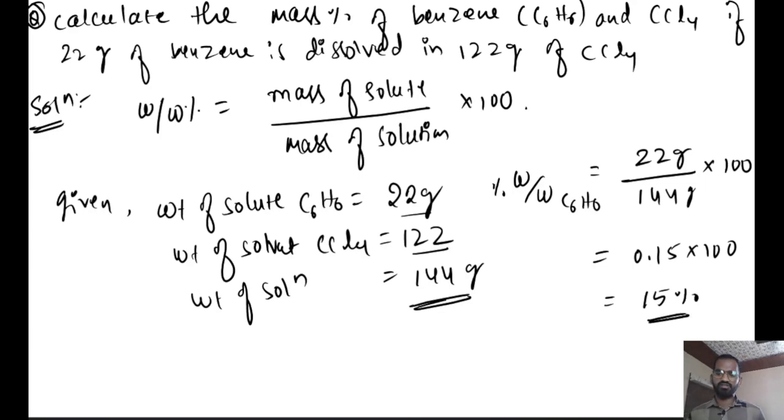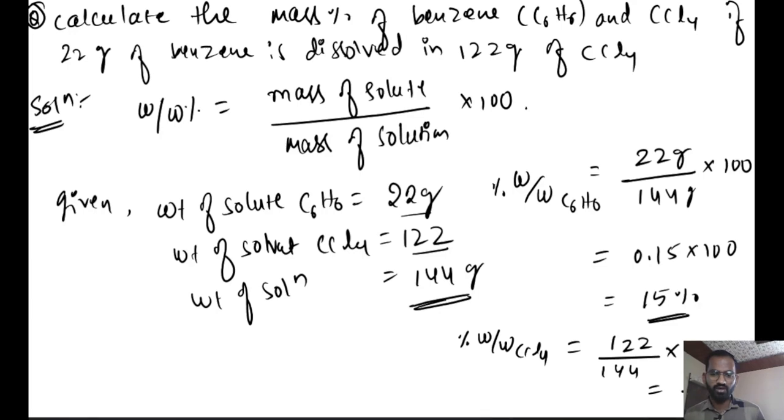So 15 percentage is benzene, and what is the remaining, the percentage weight by weight of CCl4? We can solve it in two ways. One is to apply the same formula: 122 gram by 144 into 100, you can get the value.